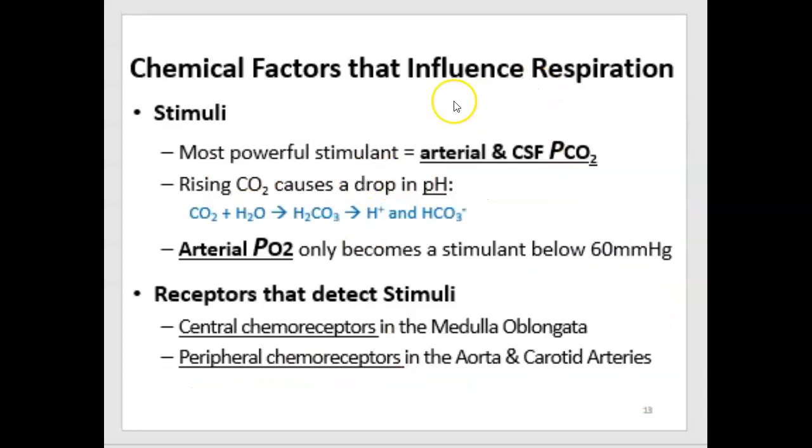Now, the chemical factors that can influence our ventilation include, as I mentioned, CO2, oxygen, and pH. So let's look at the different stimuli and talk about these stimulants a little bit. The most powerful stimulant in controlling respiration has to do with the level of carbon dioxide, not oxygen, but carbon dioxide in arterial blood and cerebral spinal fluid.